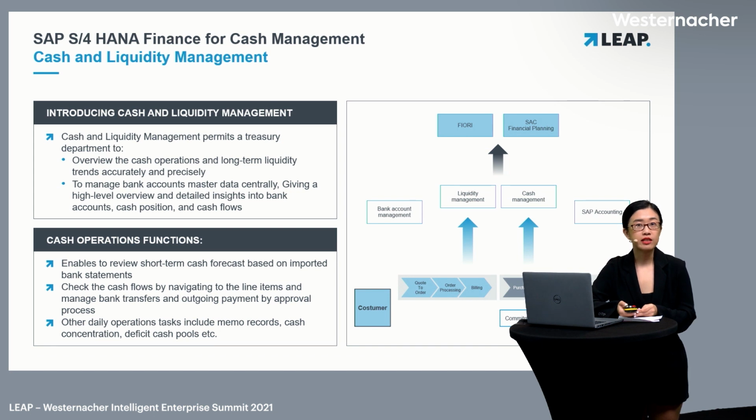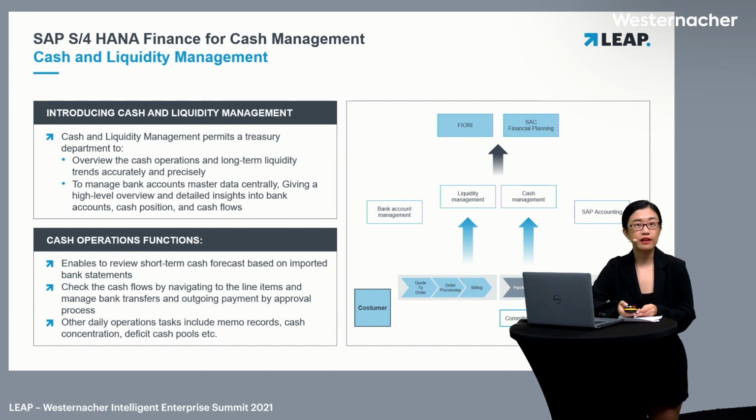Cash and liquidity management permits a treasury department to overview the cash operations and long-term liquidity trends and manage bank account master data centrally, giving a high-level overview and detailed insights into bank accounts, cash position, and cash flows.